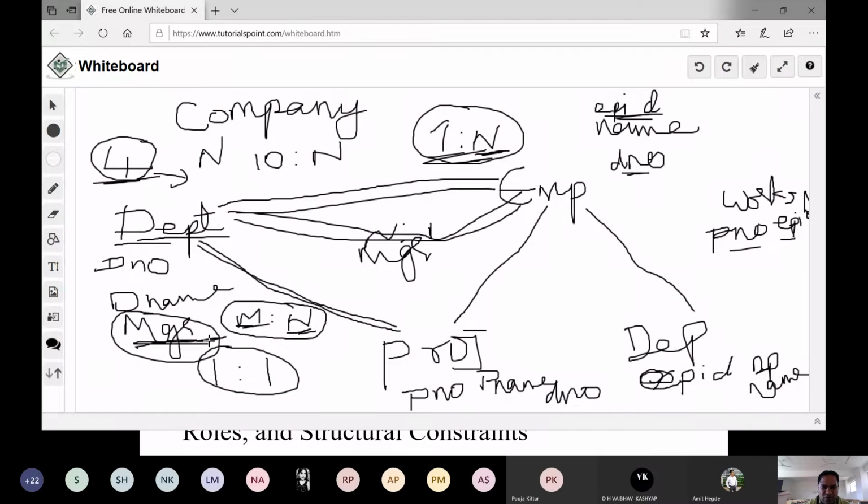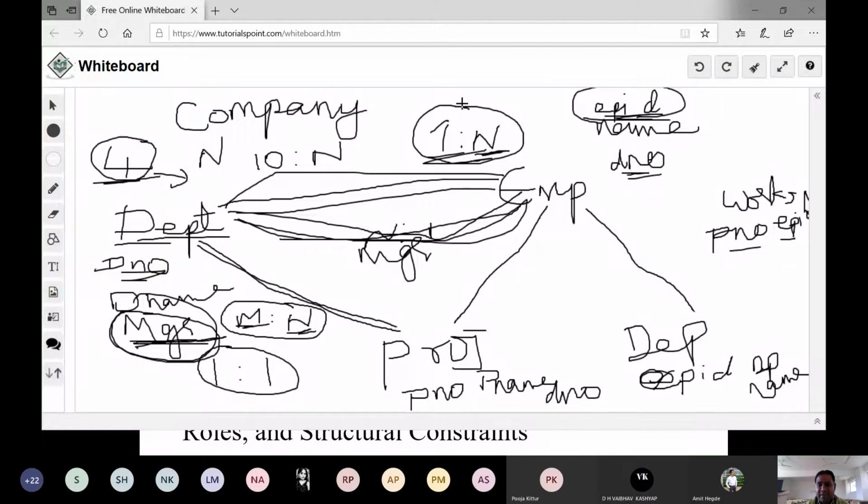This department number anyhow is related with this relationship. Now, this manager in the department table, I will write it as manager, but that manager will hold a relationship with this employee ID, stating that this employee ID is the manager of this particular department. So this will hold two relationships, one as an employee, one as the manager. I hope I am making it clear.